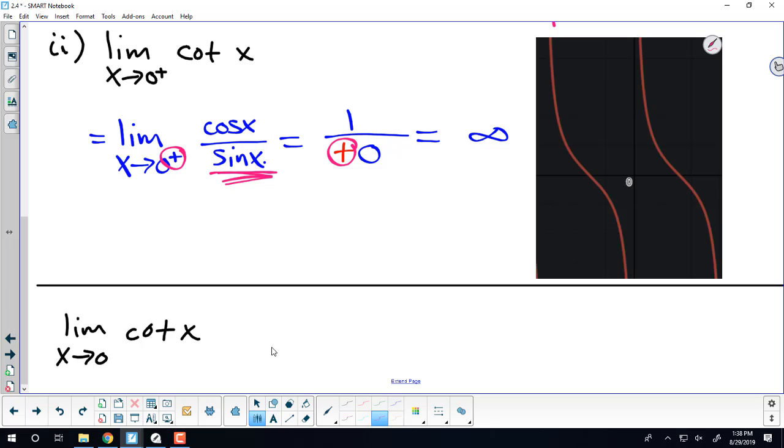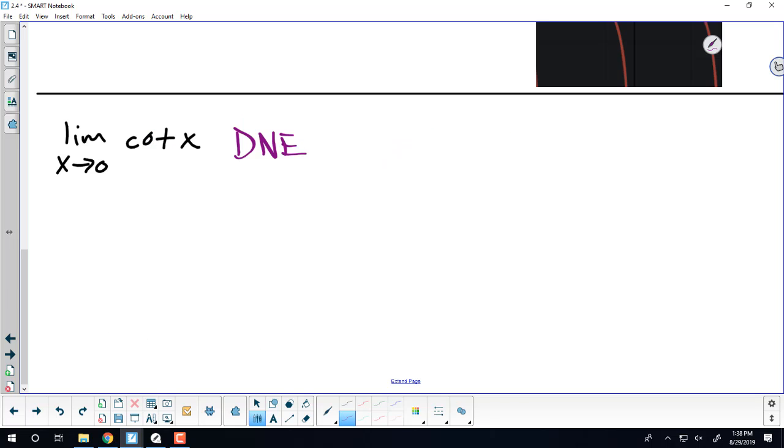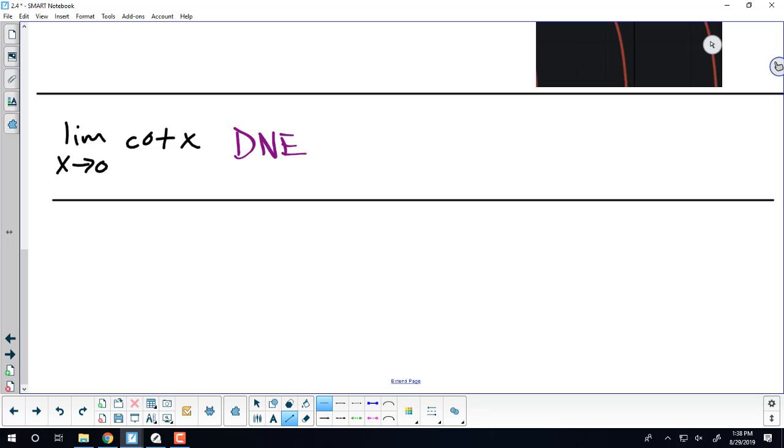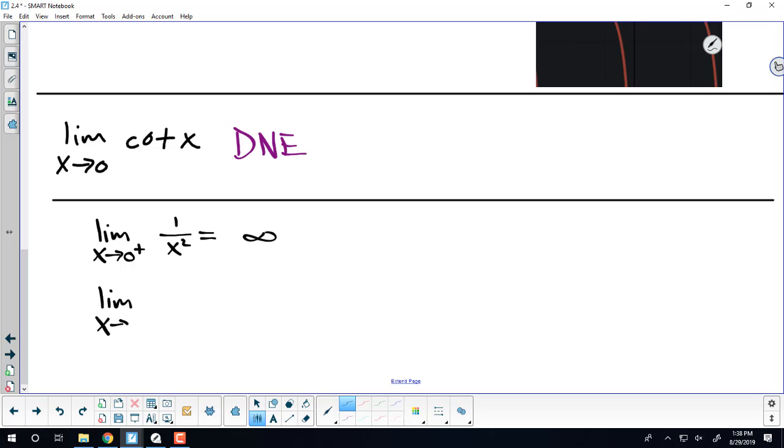I will say though, however, in the sense of when we had the 1 over x squared function, if we go back and look at that, the limit as x approaches 0 from the right, and the limit as x approaches 0 from the left, was also infinity.